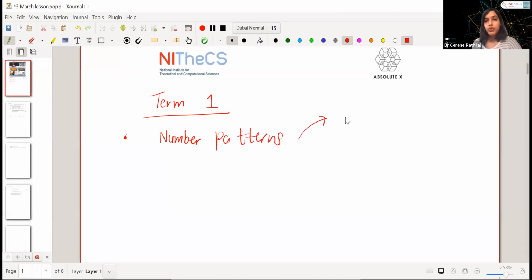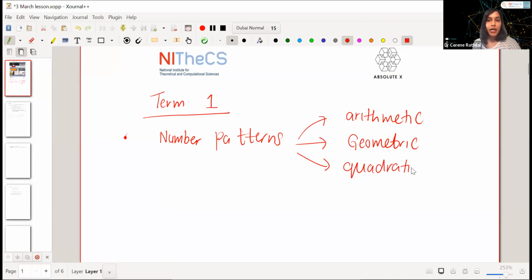In your number patterns, you should have looked at arithmetic number patterns. What else did you cover? Please let me know in the chat box. You would have covered geometric as well as quadratic number patterns. So these were the 3 types that you would have gained some exposure to.